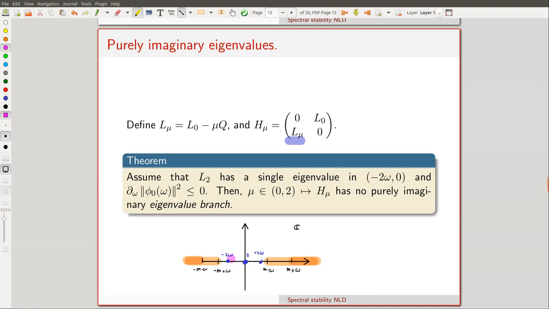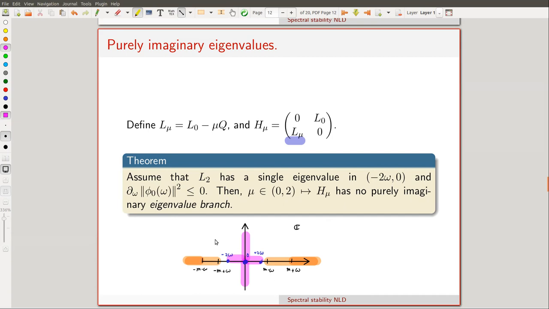So in particular, these are straight lines that start somewhere on the real axis. They collide at the origin, and then they go into the complex plane. Because this condition forbids, in some sense, that branches pass through 0.